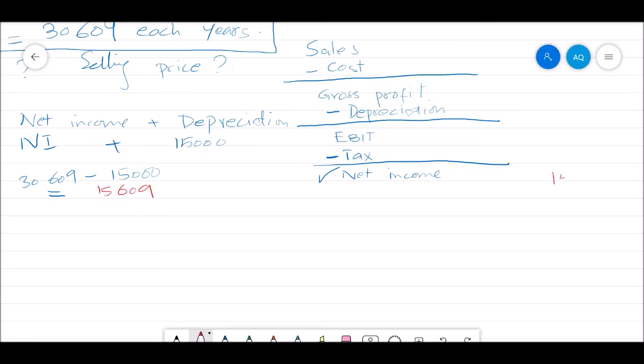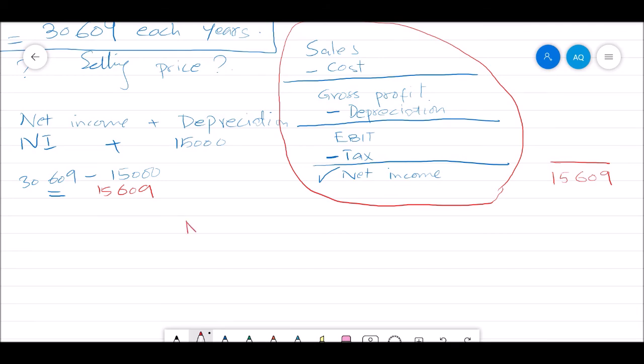So we have 15,609 here. By using this income statement format, we can write it in the form of an equation. Net income is calculated as sales first, then we deduct some cost from it, and after that we deduct depreciation.